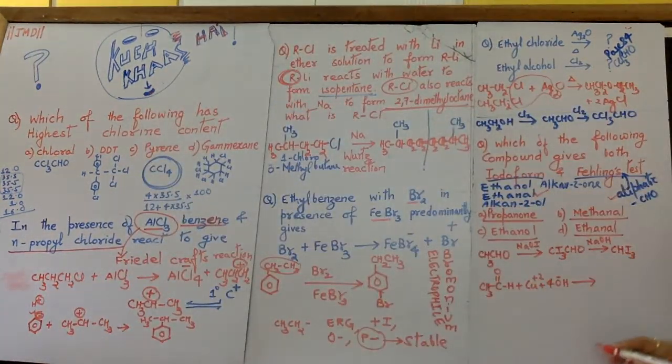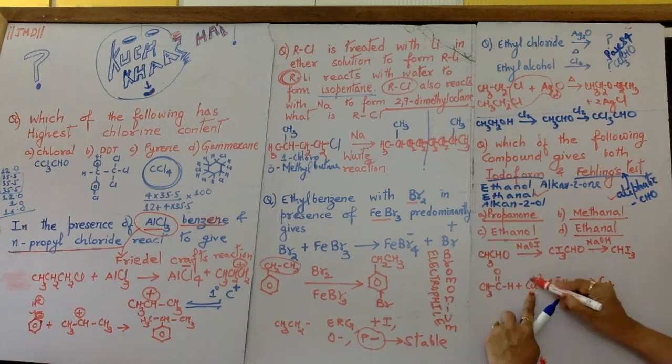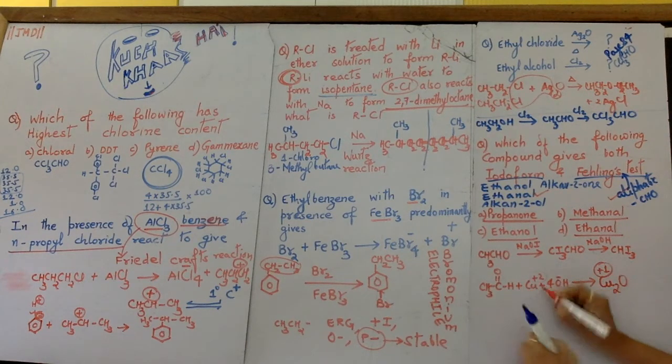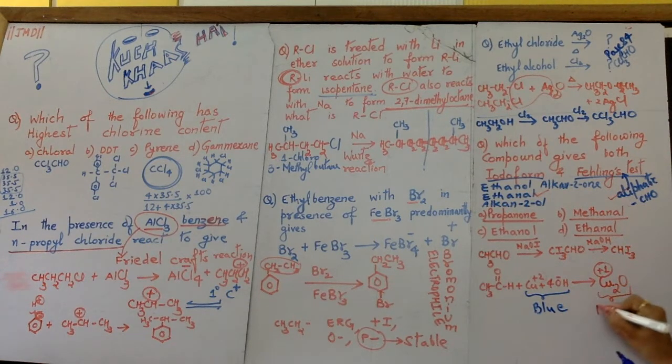So here what happens? This Cu plus 2 gets reduced to Cu2O, which is plus 1. So reduction of this solution takes place. This solution is blue in color and this precipitate of cuprous oxide is red in color. So the blue Fehling gets converted to red cuprous oxide.